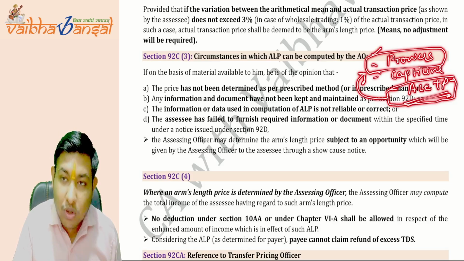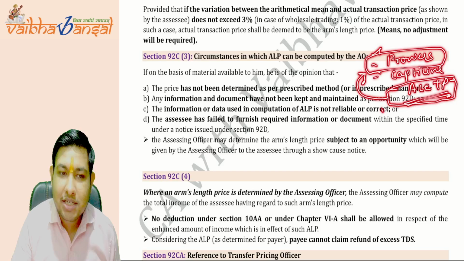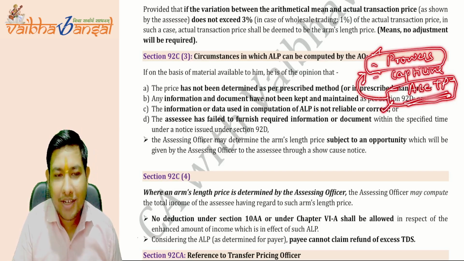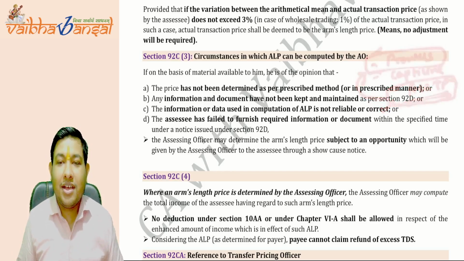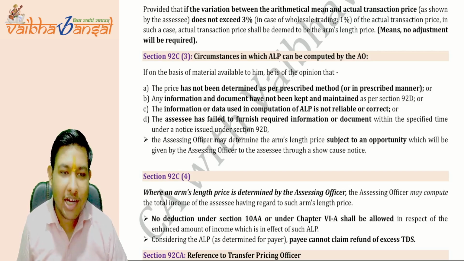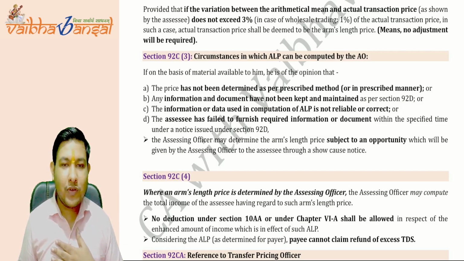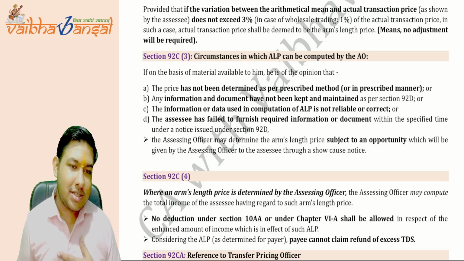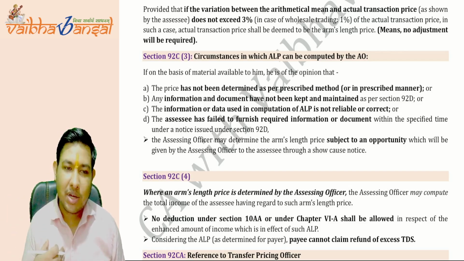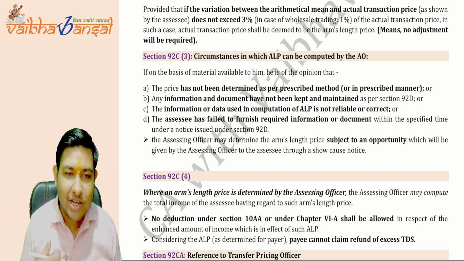Prowess is showing something else and the ASTP is showing something else. The data is different. In that case, the AO can say your ALP calculation is not reliable or correct to me, and I will compute as per my software, as per Prowess. Is this point clear?